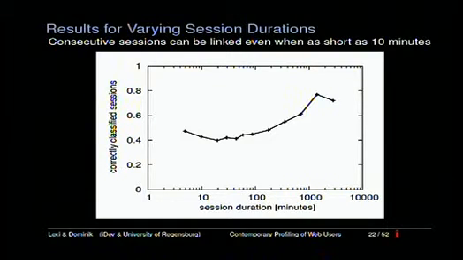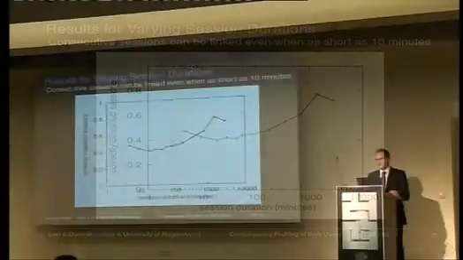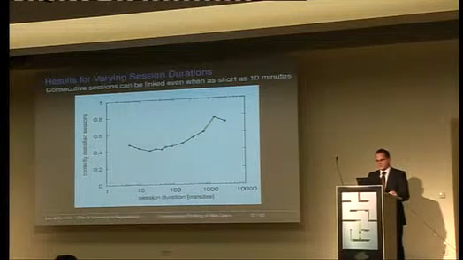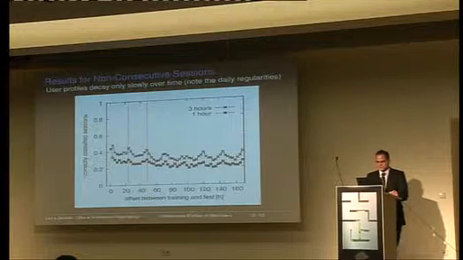But what's also interesting is that when you're doing really short session times, like 10 minutes or 5 minutes, remember Tor's 10-minute circuit switch time, you see that the accuracy actually goes up again. That totally makes sense, because when you're surfing on Slashdot, you might do that for 5 or 10 minutes, and if you happen to be the only guy doing that, then your consecutive sessions can be linked easily.